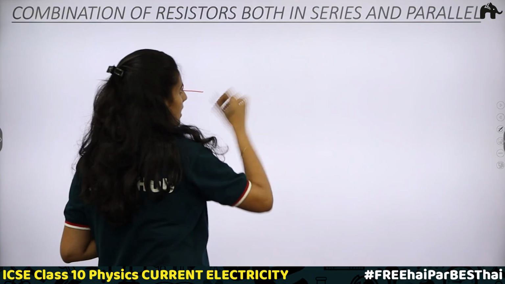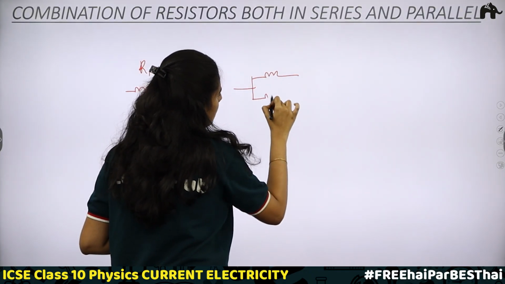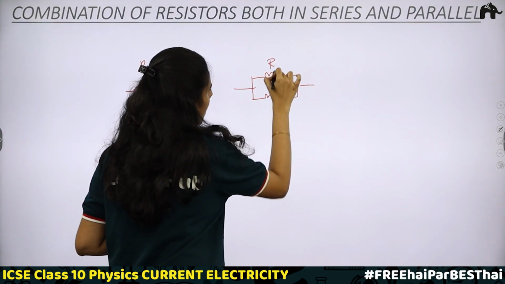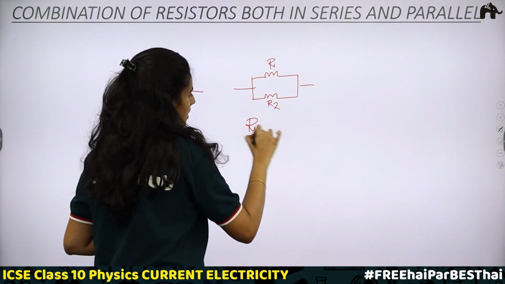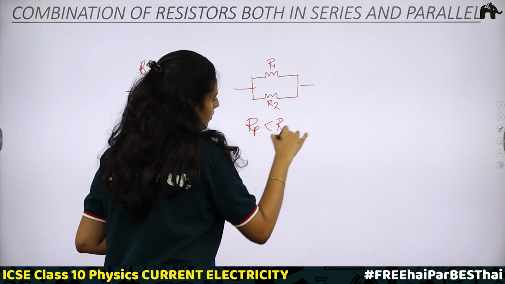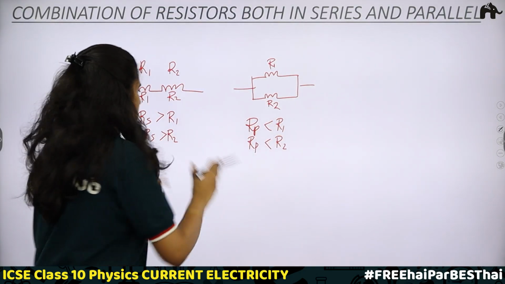We have studied the parallel combination. This is how the resistors are connected in parallel. So, here R1, R2. Okay, when you take the effective resistance Rp, it will be less than R1. Also, Rp will be less than R2. Okay, so remember this.